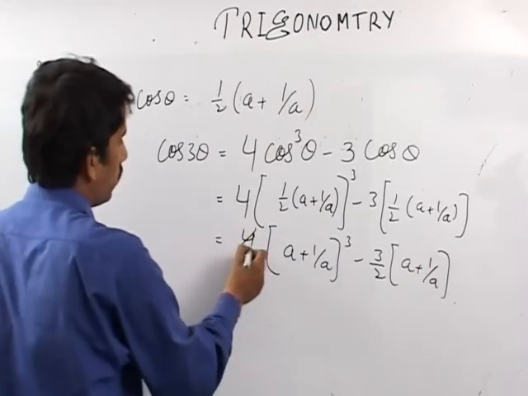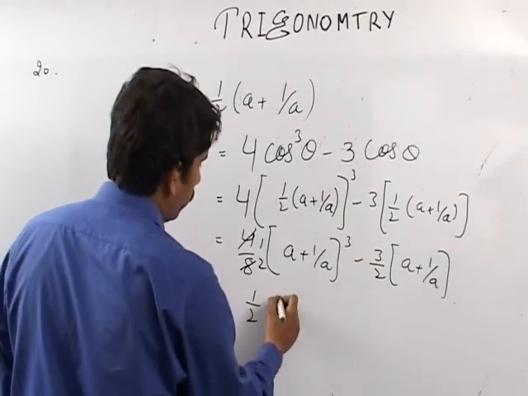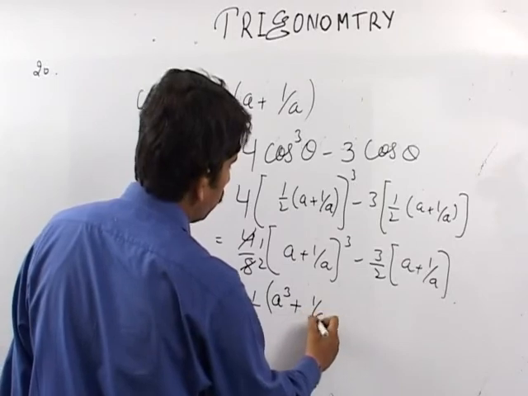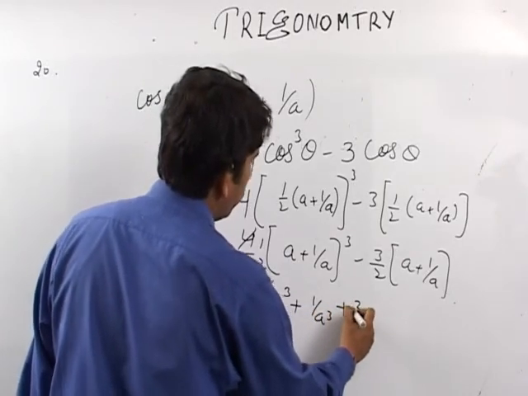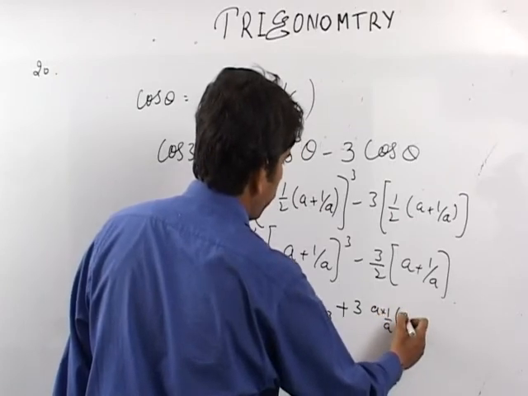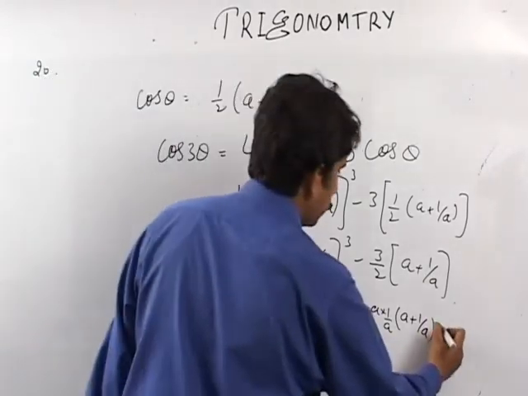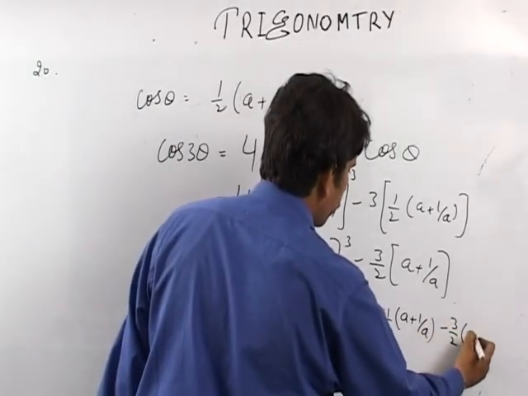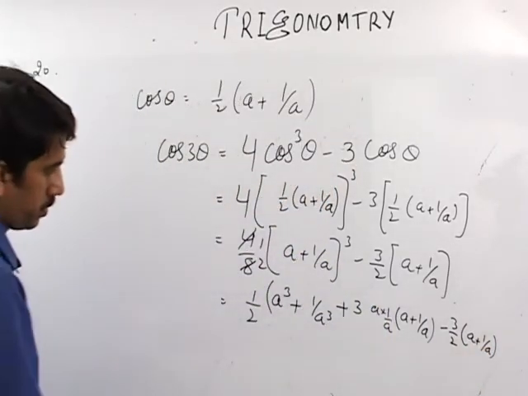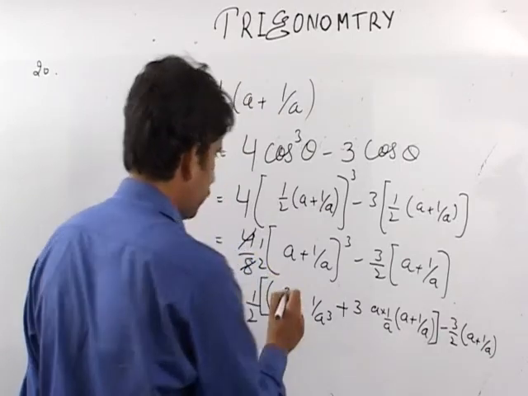This is 4 by 8 (a plus 1 by a) whole cube minus 3 by 2 (a plus 1 over a). Now open this, you will get 1 by 2 times (a cube plus b cube plus 3ab(a plus 1 by a)) minus 3 by 2 (a plus 1 by a), where b is 1 by a.